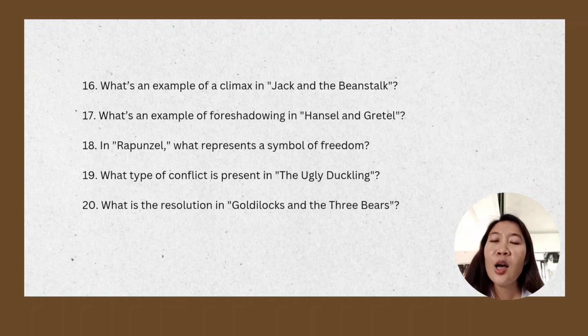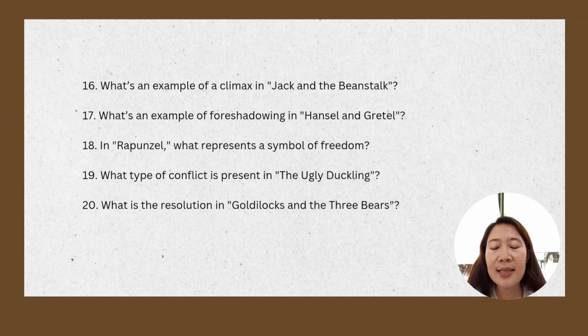It is her long hair. Number 19. What type of conflict is present in The Ugly Duckling? It is character versus society.